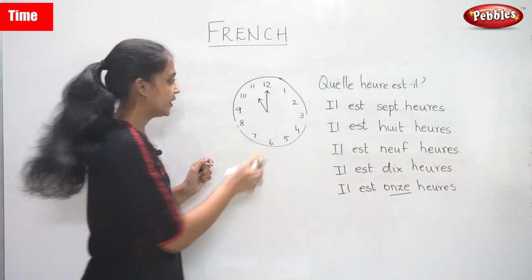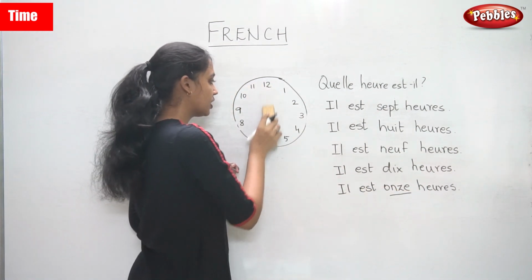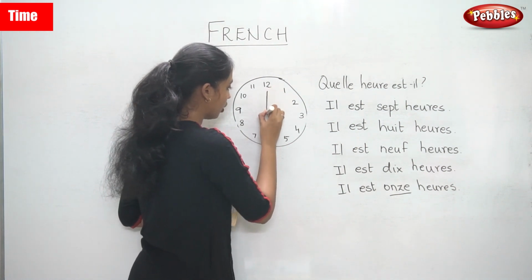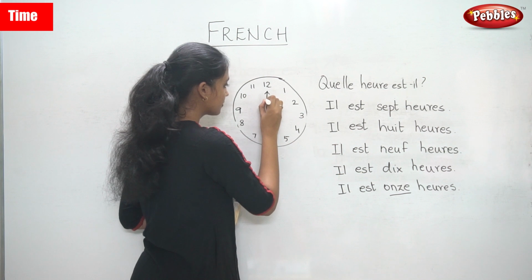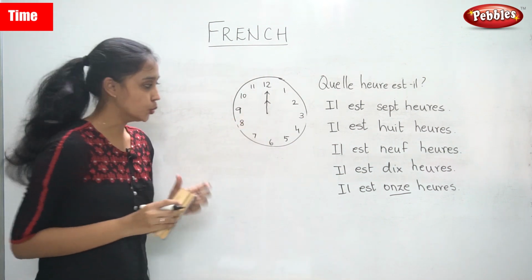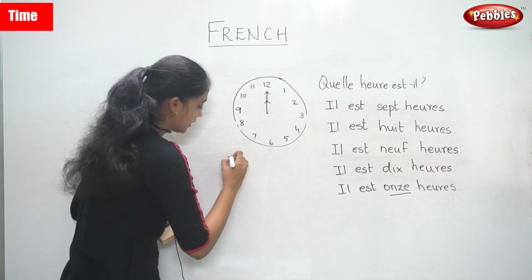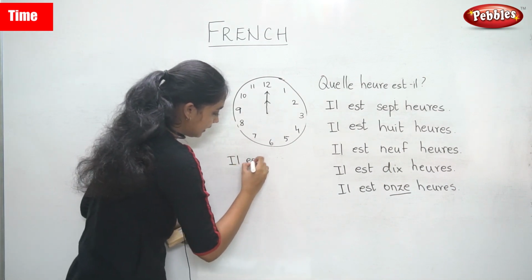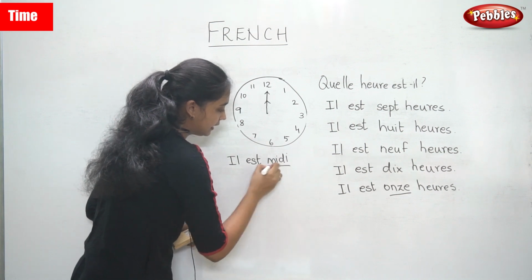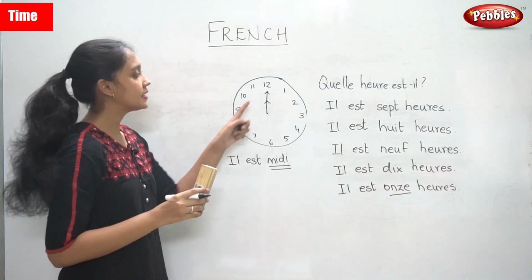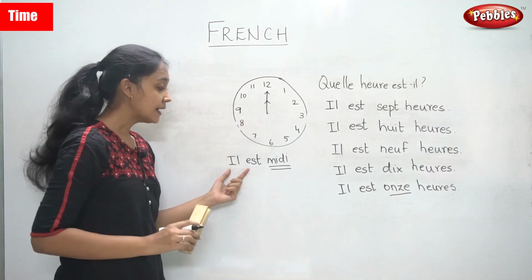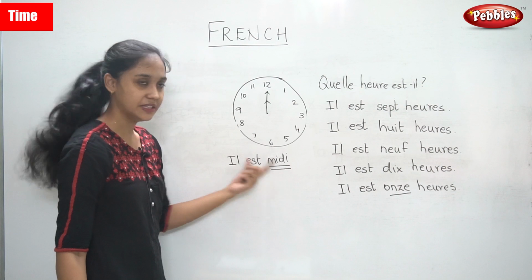11 o'clock. And finally, when it is 12 o'clock, when it is 12 noon, you say il est midi. So when the time is 12 noon, you say il est midi.